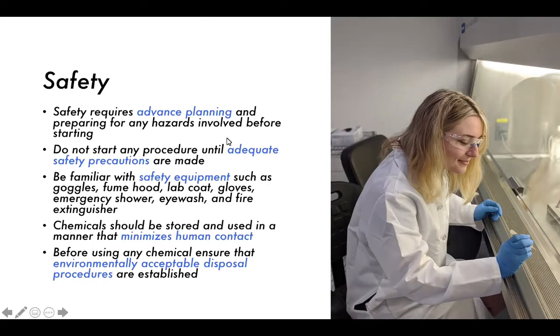This means that before you use something, make sure that it can be disposed of in a way which will not adversely affect the environment. And label all containers that contain chemicals so that anyone who is unfamiliar with what is happening in the lab cannot accidentally risk their own harm by not knowing what's in a particular container.